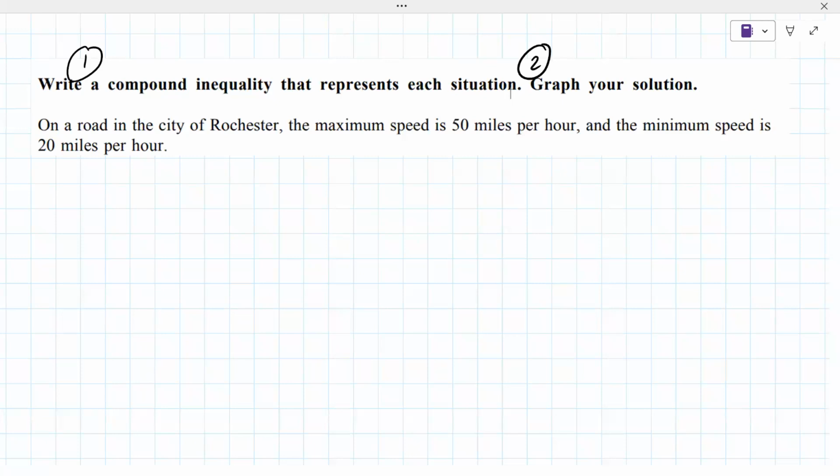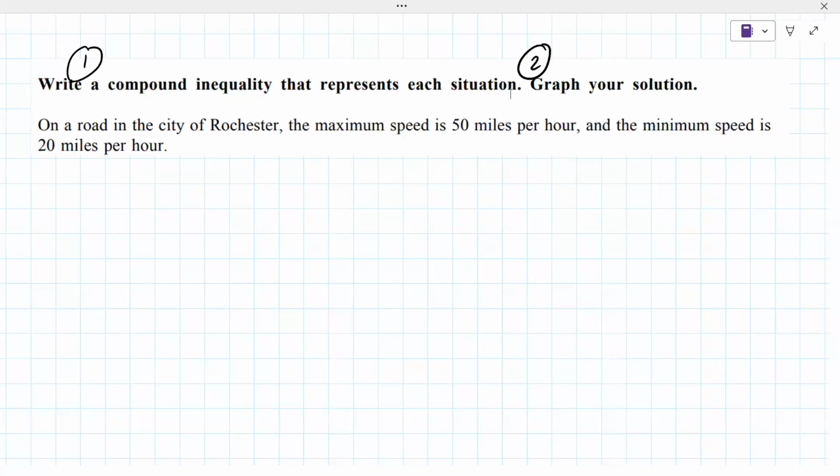And then the graph, 20, 50. There'd be two shaded in dots in between 20 and 50, sorry.